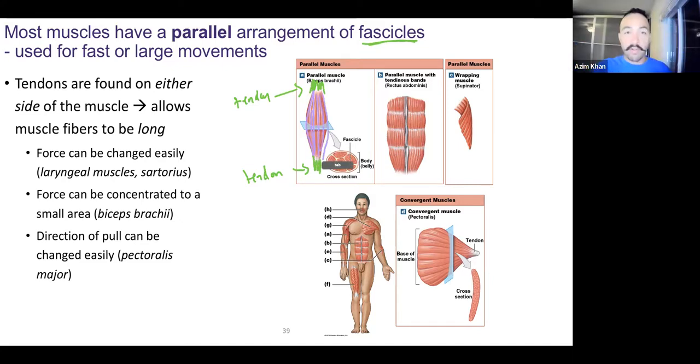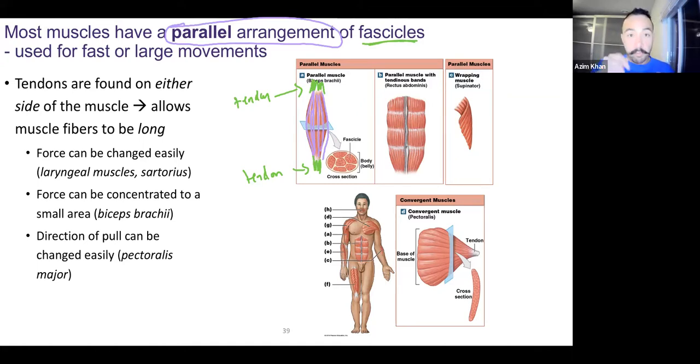The fascicles are running end to end. In this type of arrangement, all the fascicles are next to each other, lengthwise, tendon on either end. We call that a parallel arrangement.